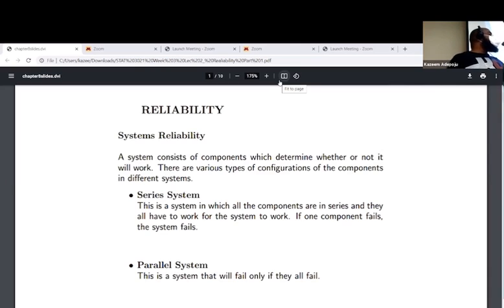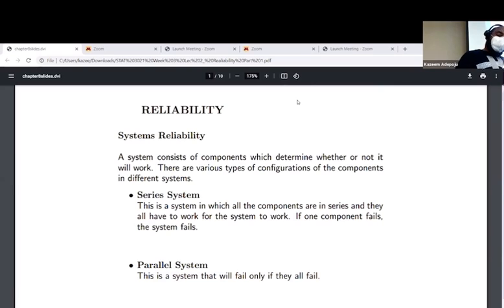And let me tell you, when components are arranged in series, and you want to determine the reliability of a system whose components are arranged in series, what I'm going to tell you now is that what will determine the success of a system in that situation depends on the success of individual components.